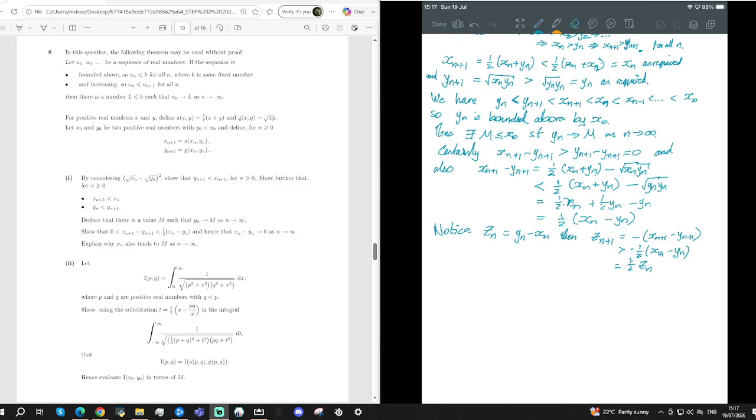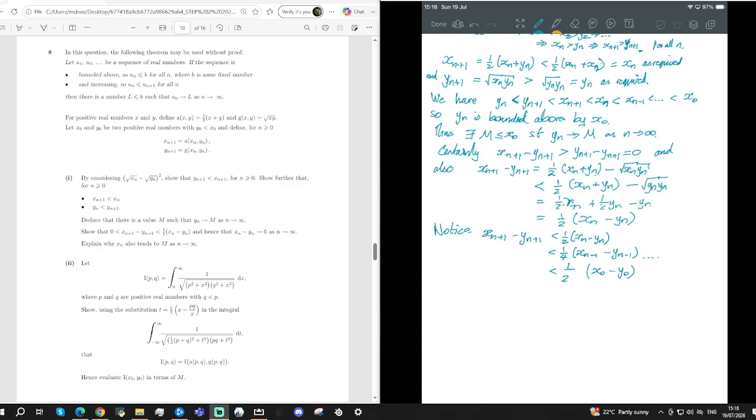I think I could probably just do this in a much simpler way. Rather than trying to forcibly use the theorem, let's do, as I was mentioning earlier, and iterate this procedure. So xn plus 1 minus yn plus 1 is going to be less than a half, which is going to be less than a quarter, which is going to be less than 1 over 2 to the power of x0 minus y0.